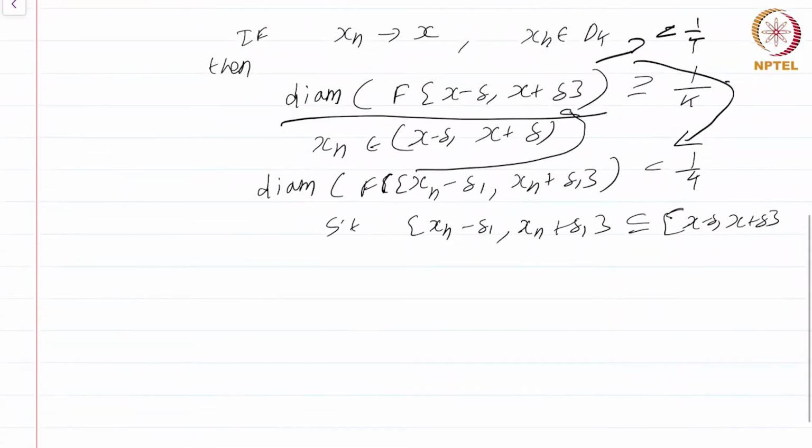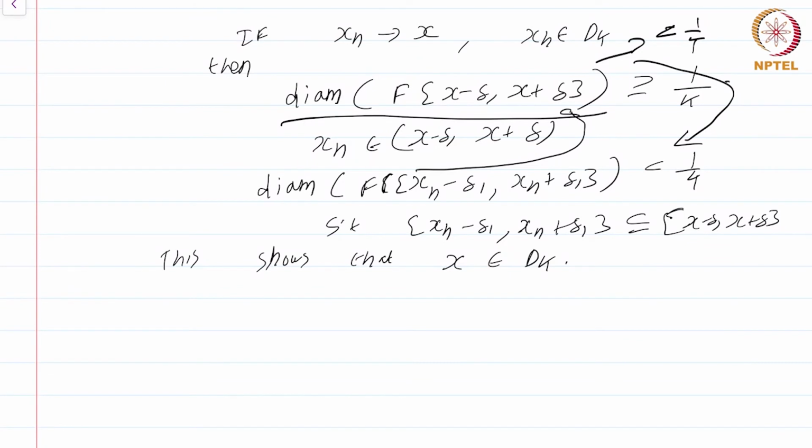So this shows that x must also be in D_k. The oscillation at the point x cannot be less than 1 by k. If it were, then points x_n, which are very, very close to x, will also have oscillation less than 1 by k, which is simply not allowed.